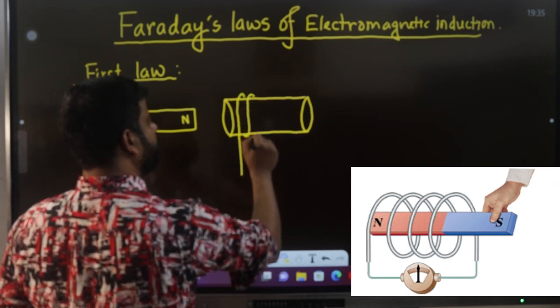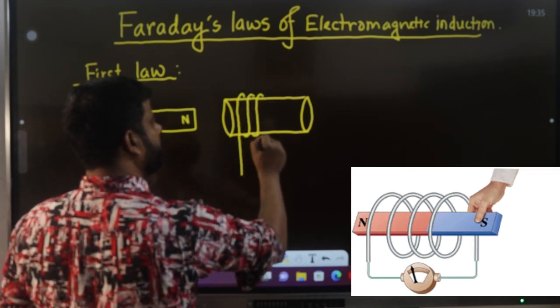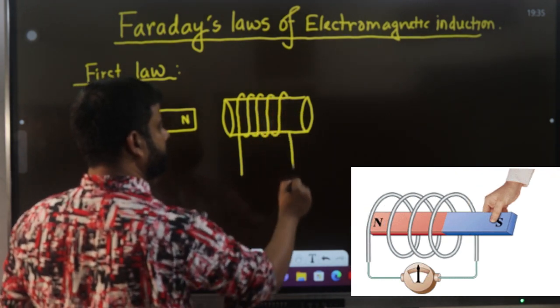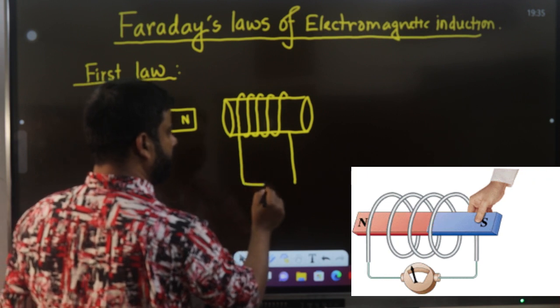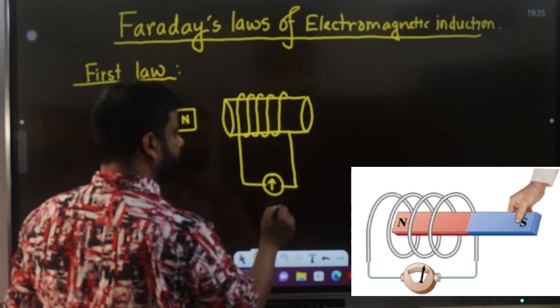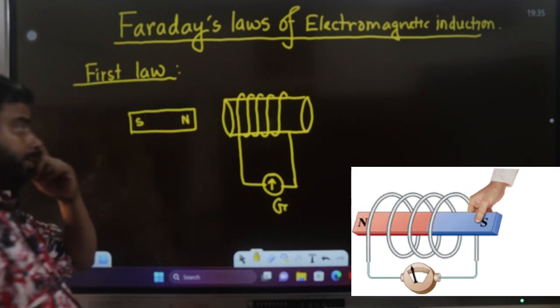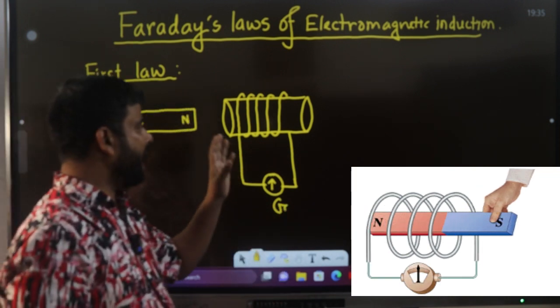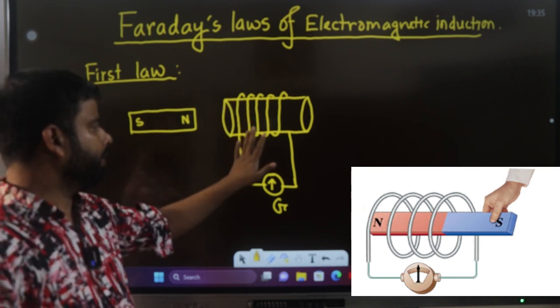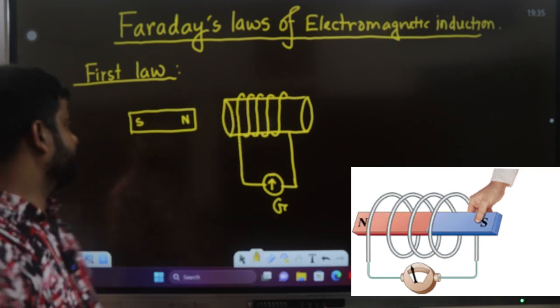If an insulated copper wire is wound over a plastic tube in this way, then we get a closed loop coil, and there is a galvanometer. A galvanometer is used to identify the presence of current or voltage, induced EMF or current in the circuit.